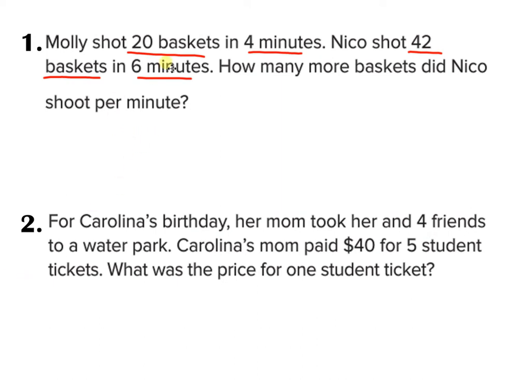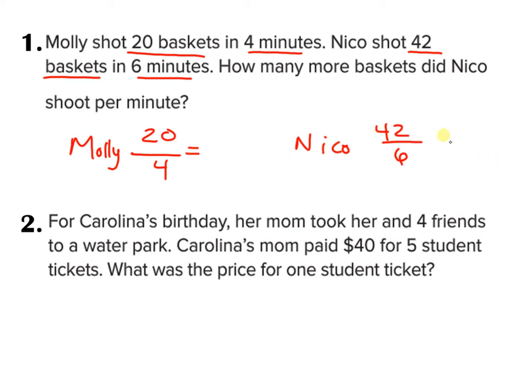So let's set up our rates. So I have 20 baskets over 4 minutes, and this is for Molly. And then I have Nico over here, and he has 42 baskets in 6 minutes. Now, in your calculator, calculate the unit rate for each one of these individuals.